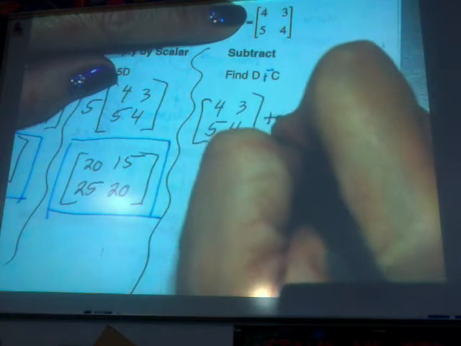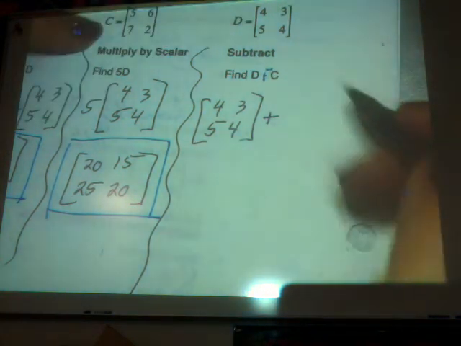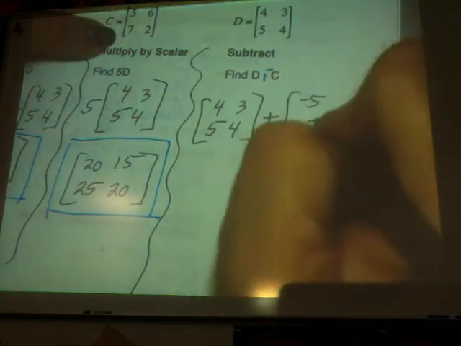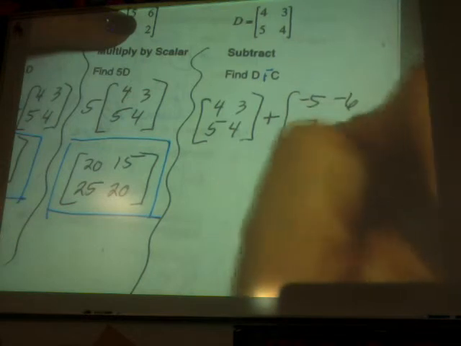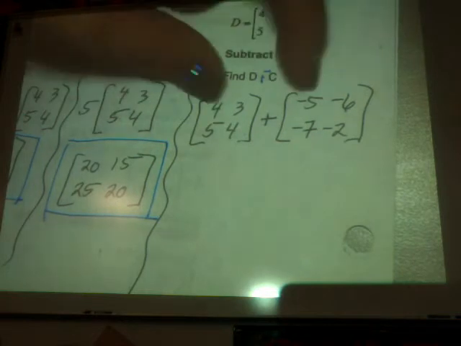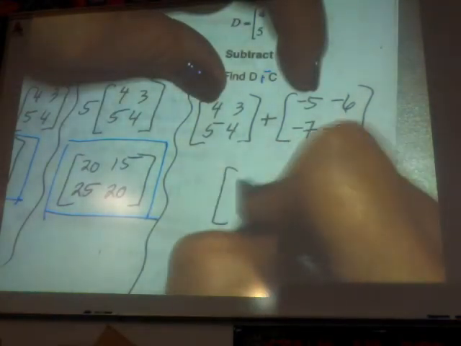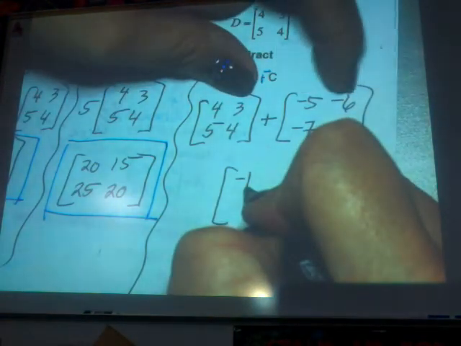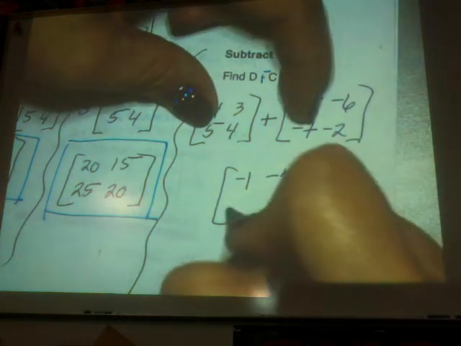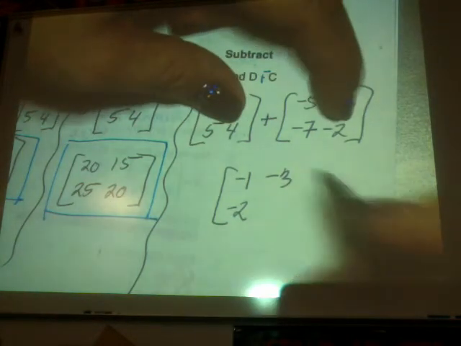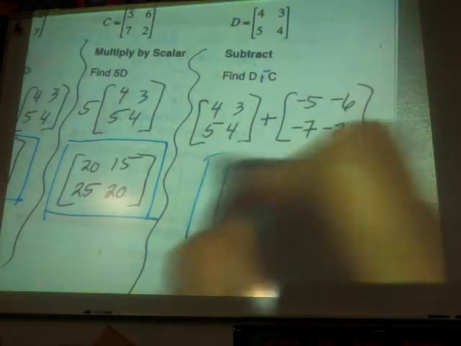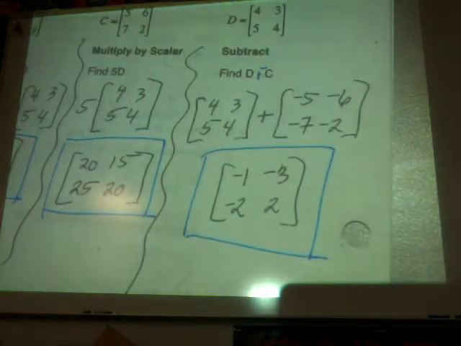So then I'm going to add the opposite of C. So here's C, -5, -7, -6, and -2. Now I can add those together. So 4 and -5, -1, 3 and -6, -3, 5 and -7, -2, and 4 and -2, +2. So those are all pieces of cake, right?